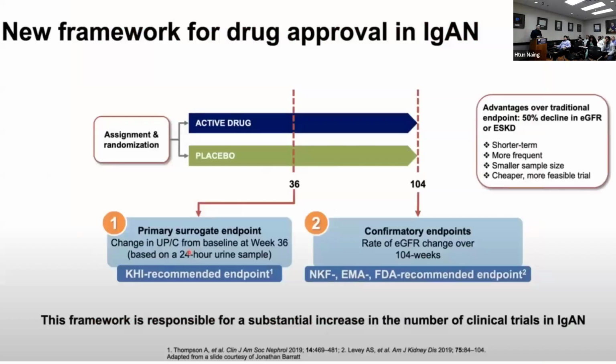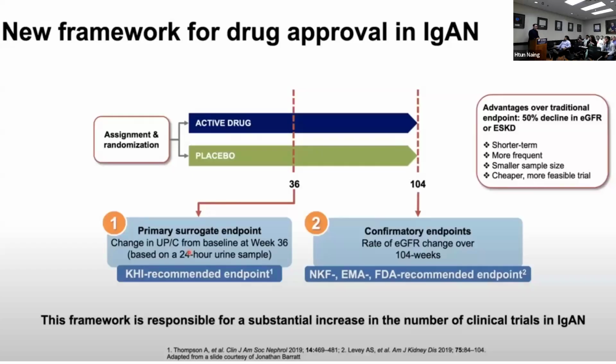So from that, this is the new framework for the FDA for now. Every new IgA study that you read from now on, the pharmaceutical companies will come to you and say, okay, our medication reduces proteinuria by this percentage in 9 months, and by that means they can get approval from the FDA, and then we can look at the GFR change at 2 years.